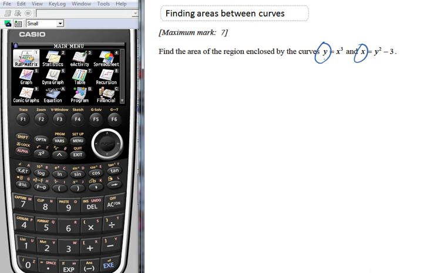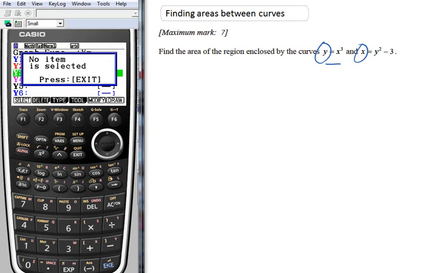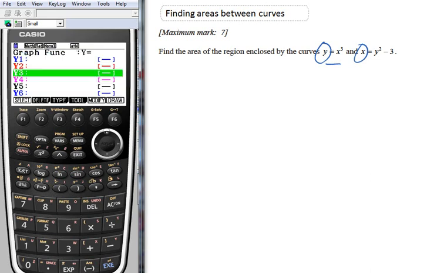If we start by plotting this first function on our calculator, and we can go straight to this if it's a GDC paper, we plot x cubed. We're then going to plot this function. Well, we've got to have that in the same format.